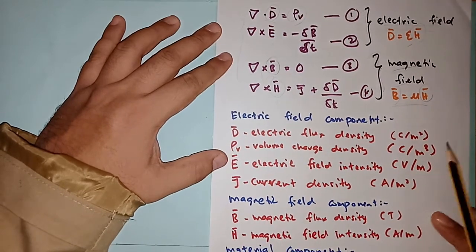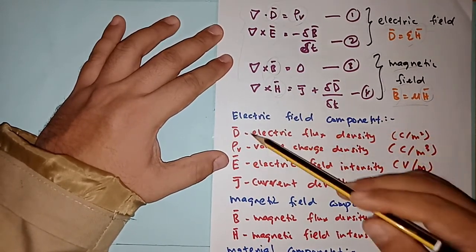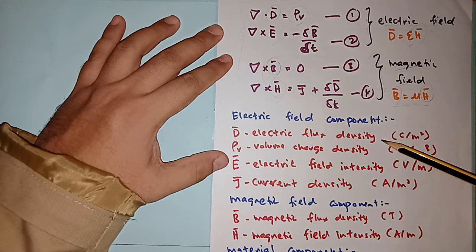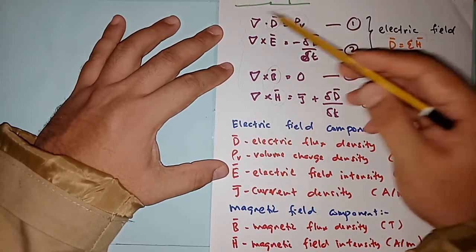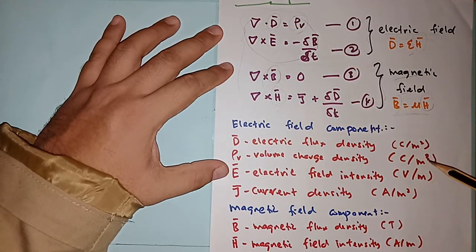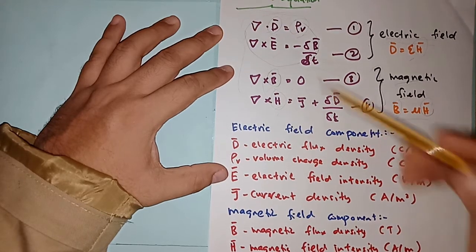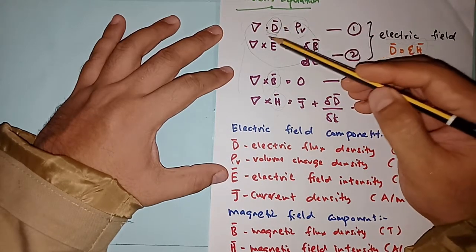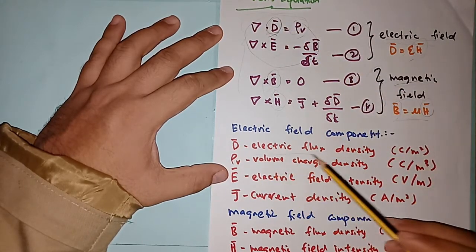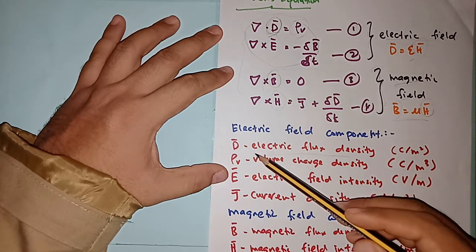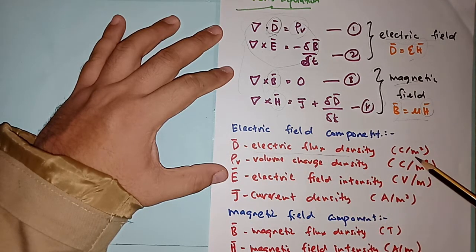Alright, first let's look at the electric field components, which are represented by the first two equations of Maxwell's equations. We have the vector D, which represents electric flux density. The unit for this vector is coulomb per meter squared.